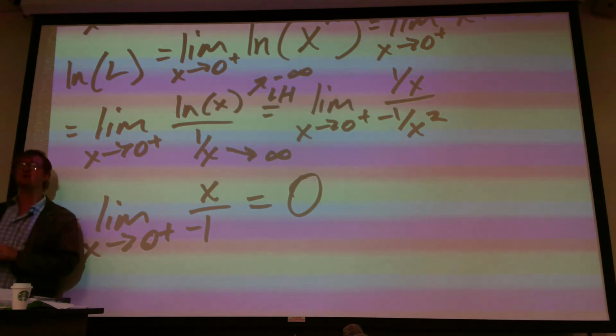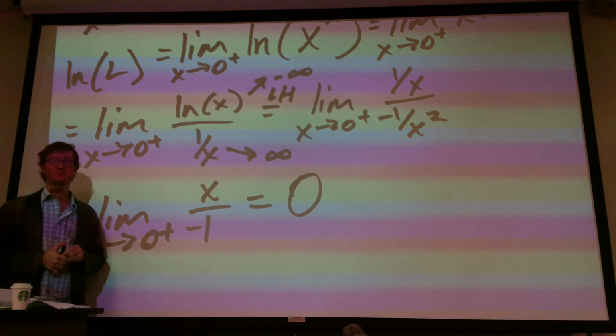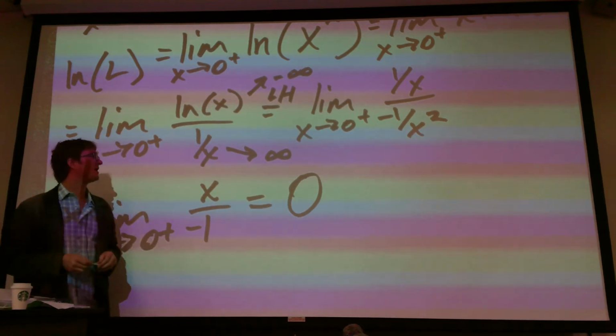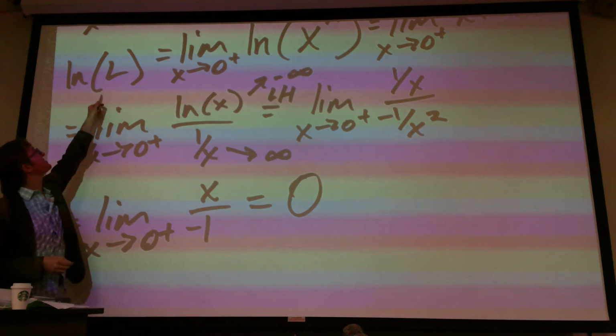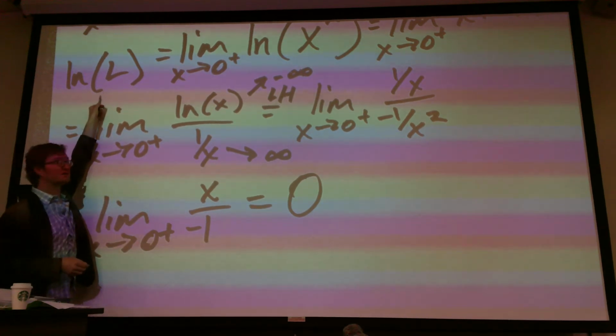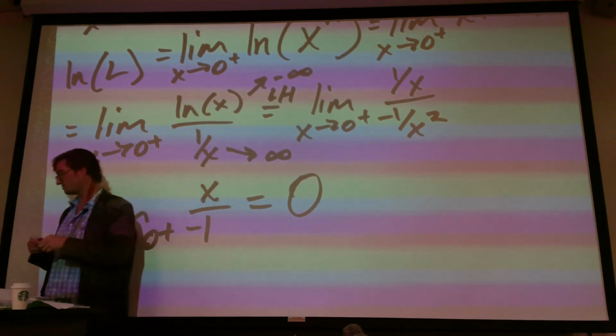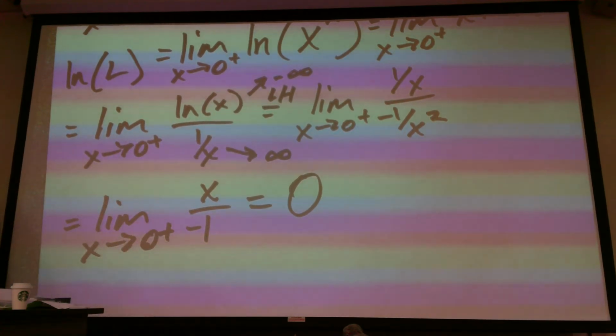But pause there for a moment and think about what this statement says. I have basically a long sentence that says that the natural log of L is going to equal 0. That's fine.